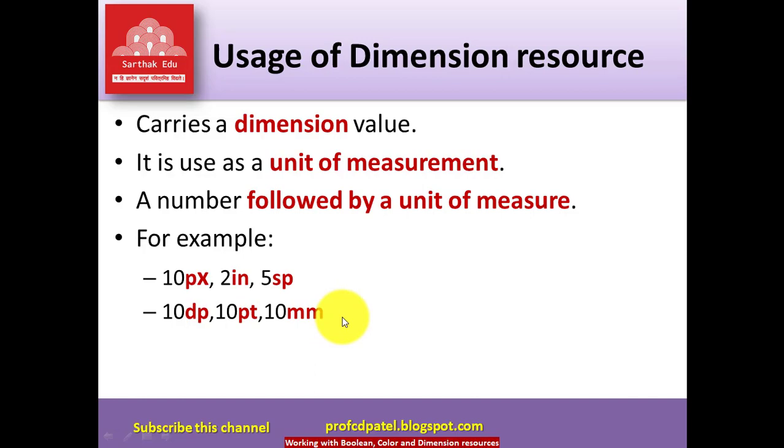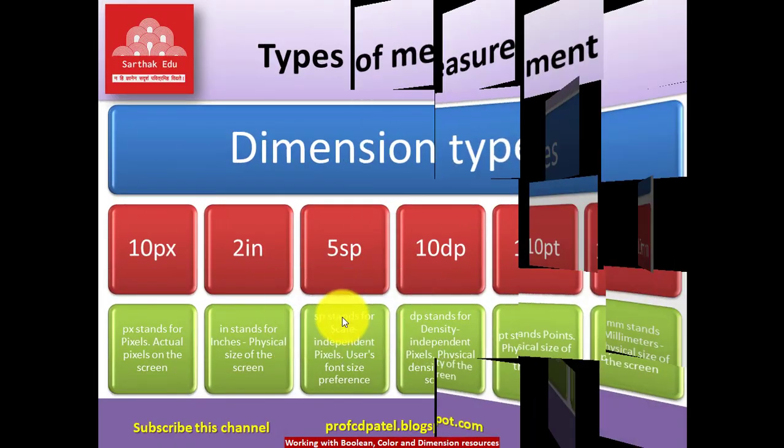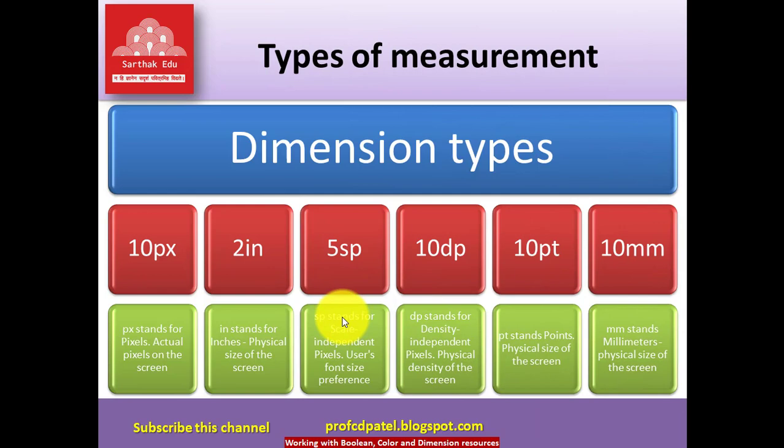Let's understand first. These are called dimension types. First, as you see on the screen, 10px. Px stands for pixels. That is actual pixels on the screen. 2in.